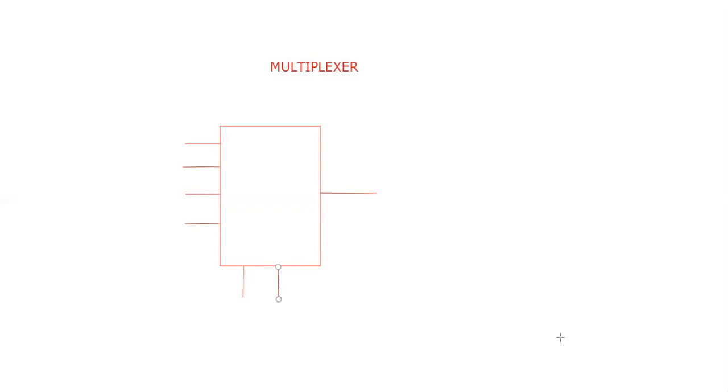So it is called a 4 cross 1 multiplexer, because we are having 4 inputs and 1 output. Now let me write the names of the inputs. This is I0, I1, I2, and I3.